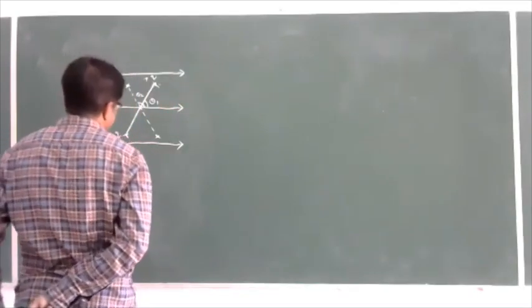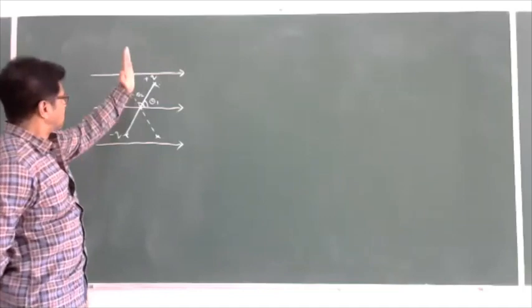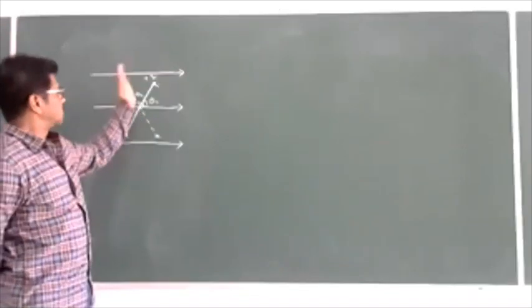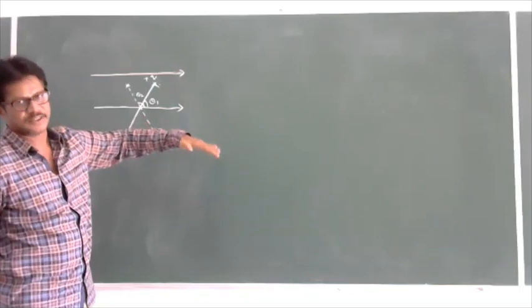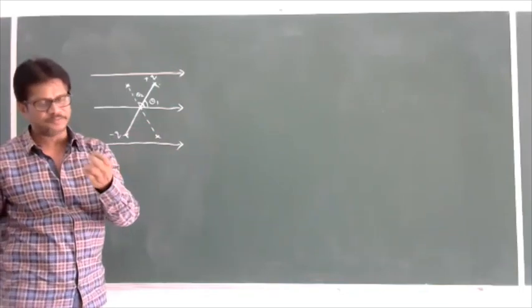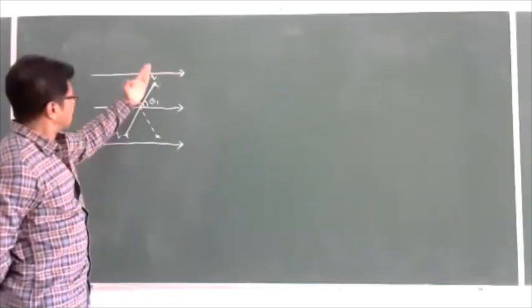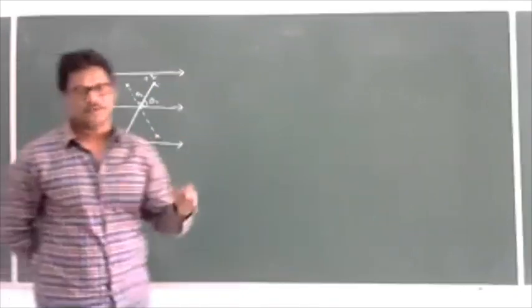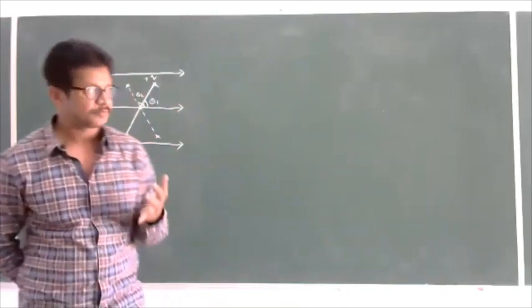Now, as I said, whenever an electric dipole is perpendicular to an electric field, it will experience the maximum torque, which is an unstable equilibrium. Whereas whenever an electric dipole is parallel to an electric field, it will not experience any torque, and we call it the stable equilibrium.